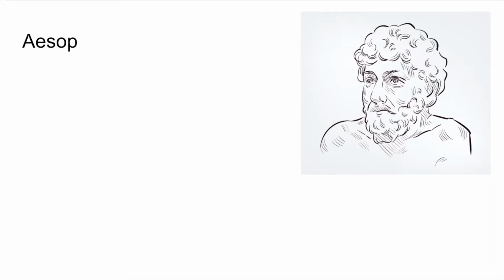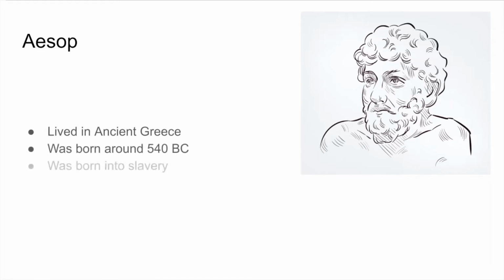Let's talk a little bit about what we know about Aesop. So Aesop lived in ancient Greece a long time ago. He was born around 540 BC. He was born into slavery, which means that he was owned by somebody else.